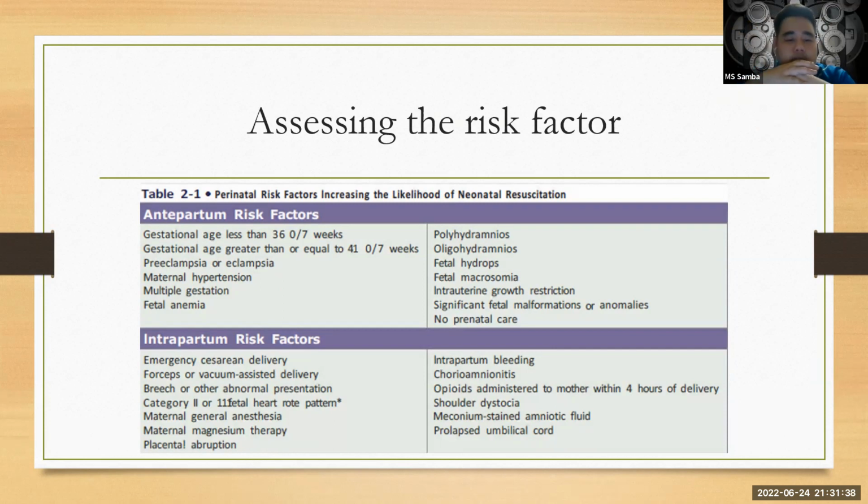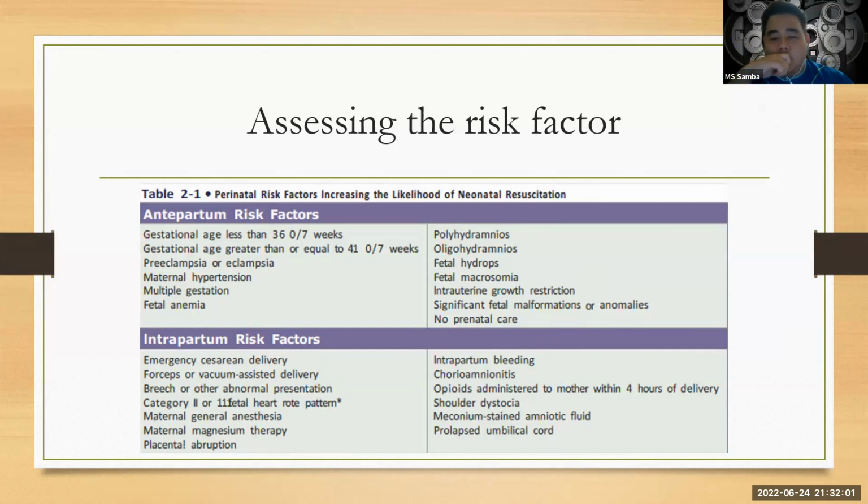Meanwhile, in the intrapartum risk factors, we have a few other things that we need to take note of. For example, emergency cesarean section, assisted delivery with forceps or vacuum, and if the mother required anesthesia or opioid, and if the mother was on magnesium therapy.